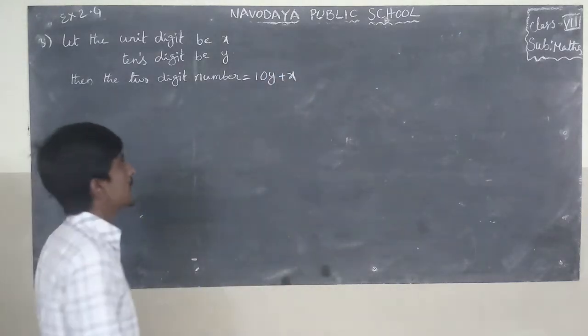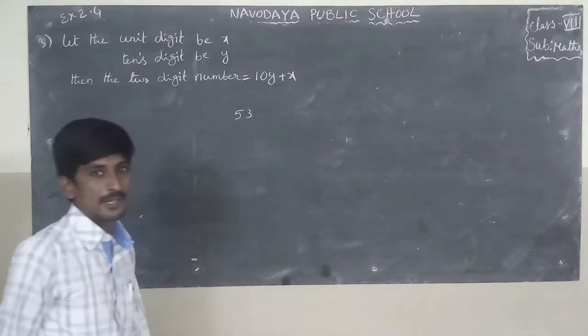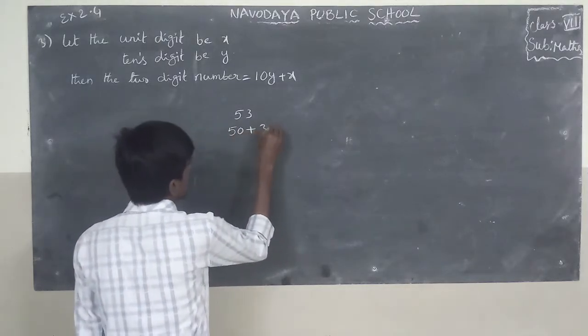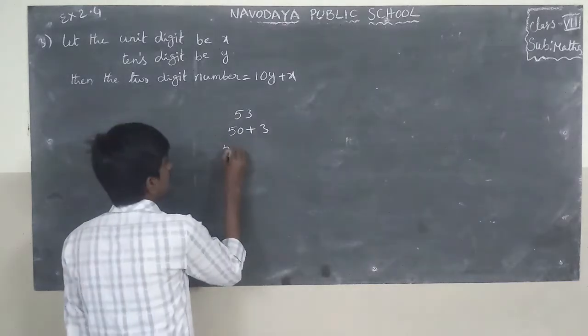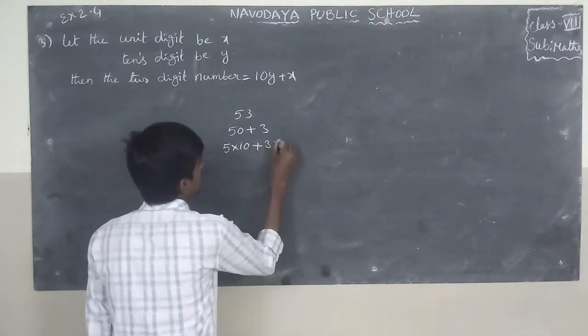How? For example, 53 is 50 plus 3, which is 5 into 10 plus 3 into 1.